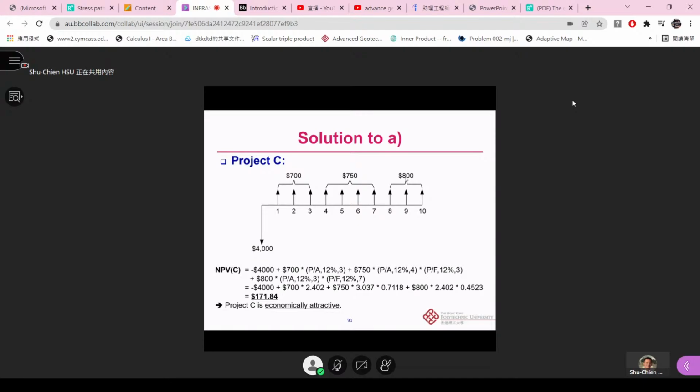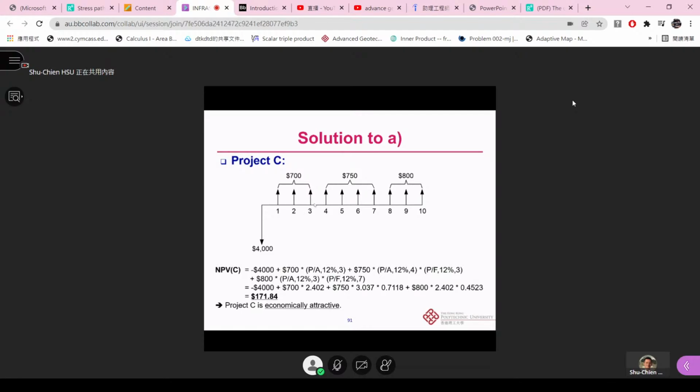But we also need to convert this part, because remember, when we do the P/A, 12%, 4, we converted those 750 from year 4 to year 7 to the end of year 3. Remember that, because we are not converting directly to the present value. Actually, this is converted to year 3.